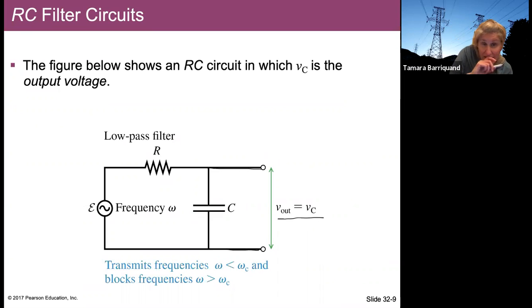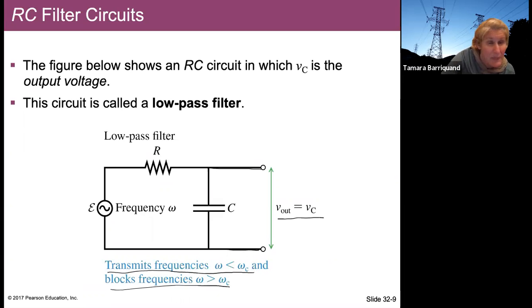In that case, since VC goes to 0 as omega goes to infinity, this will only transmit frequencies that are less than the crossover frequency, and it will block all frequencies that are greater than the crossover frequency. This circuit is called a low pass filter. It only allows the lower frequencies to pass.